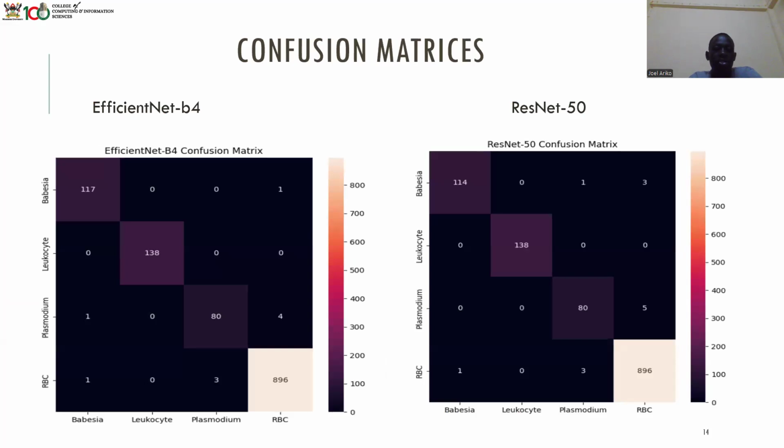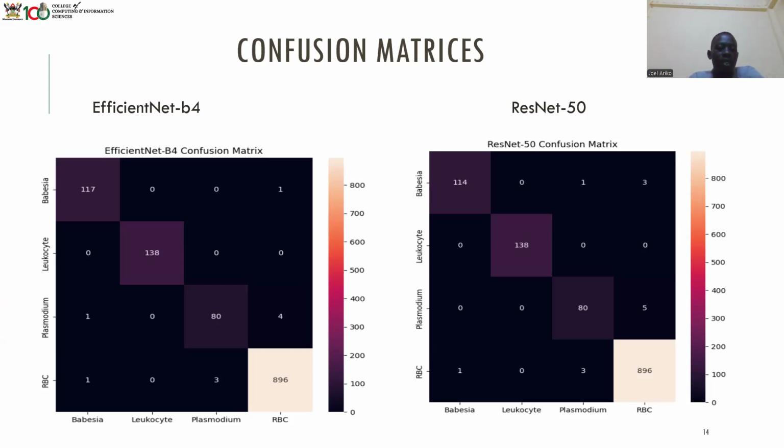Then rushing to the confusion matrices, most of them gave most predictions along the diagonal, meaning the model accurately classified most of these images. Starting with the EfficientNet, we saw only one cell that was classified as red blood cells, but the rest were captured properly.